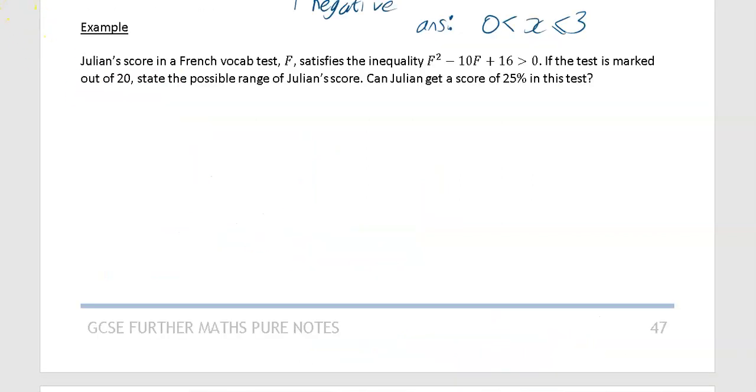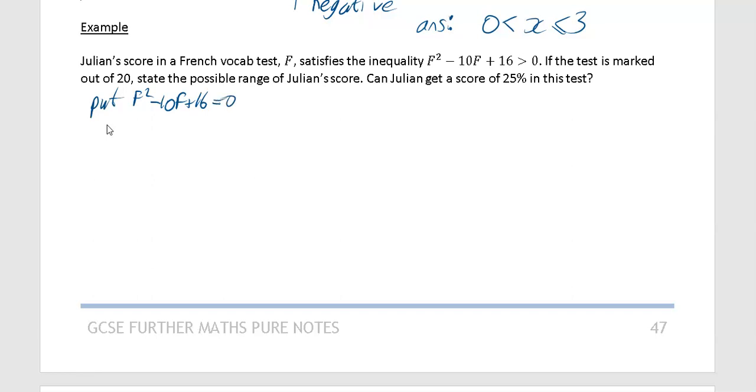Okay, this question says Julian's score in a French vocab test, f, satisfies the inequality f squared minus 10f plus 16 is greater than 0. If the test is marked out of 20, state the possible range of Julian's score, and can Julian get a score of 25% in this test? So here we're going to start with f squared minus 10f plus 16 equals 0.